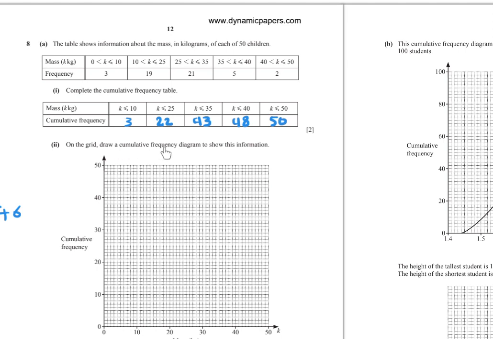On the grid, draw the cumulative frequency diagram to show this information. So 10 and 3 is the first point.